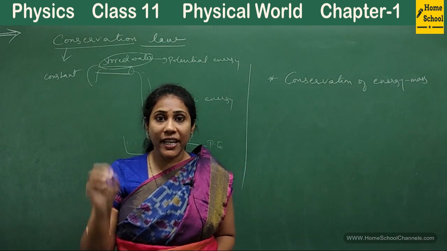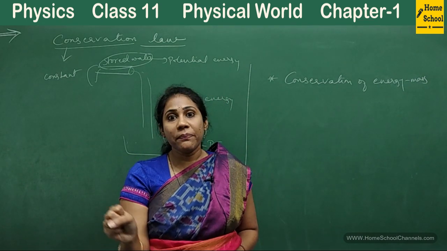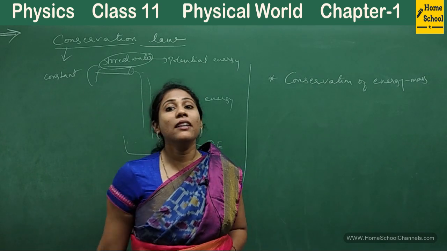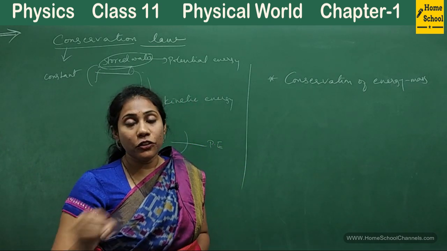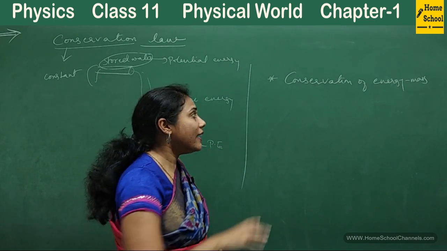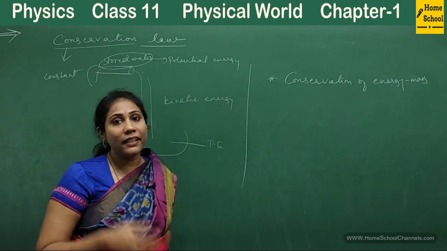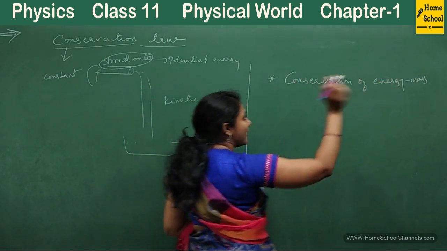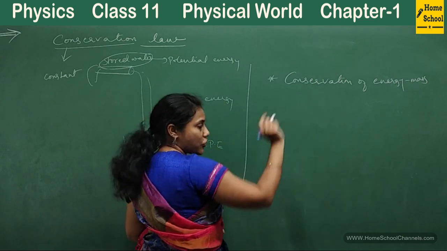You can only change the energy of something from one form to another form, but the total energy has to remain constant. You will observe this in all natural phenomena actually. And similarly mass has to remain constant, right? So that's what we study in conservation of energy or mass. This is one conservation law.